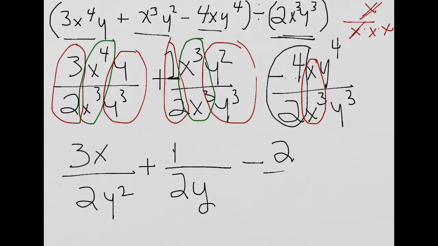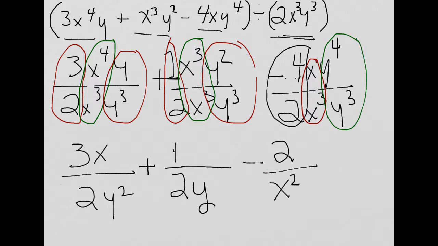And then I'm going to look at my y's right here. I have 4 y's on top and 3 y's on the bottom. When we are dividing, we always subtract the exponents, just like I showed you here.